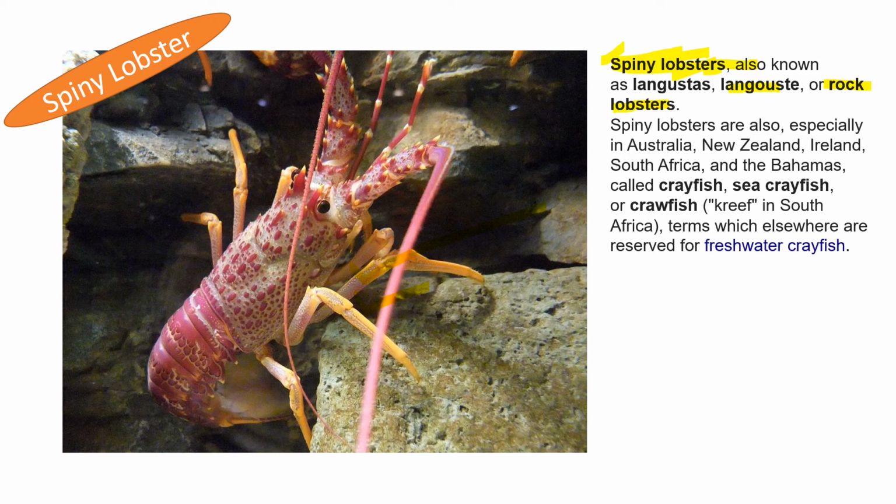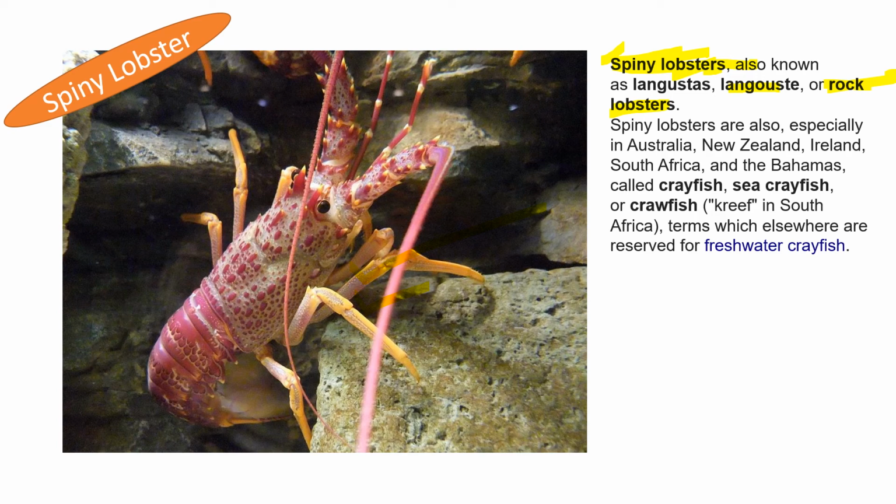Now the tricky part is that these spiny lobsters, which are also called langoust or rock lobsters, a very popular term by the way, are called crayfish or sea crayfish or crawfish in some parts of the world: Australia, New Zealand, Ireland, South Africa, Bahamas. That is the term I used for the earlier shellfish we saw.